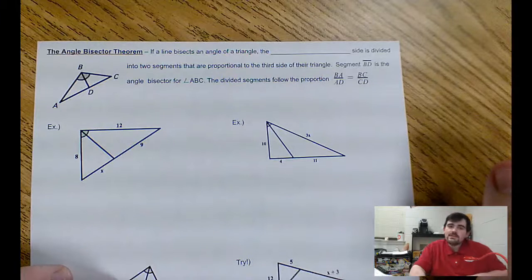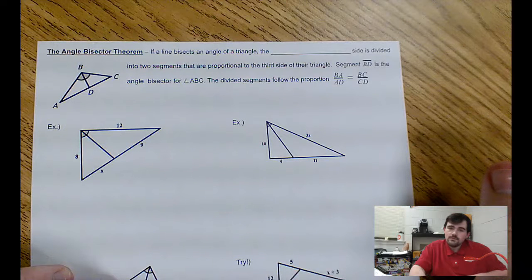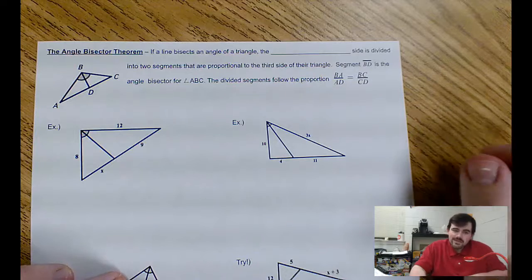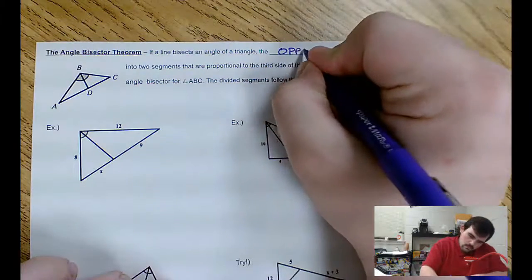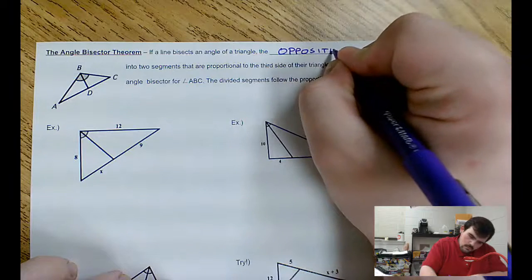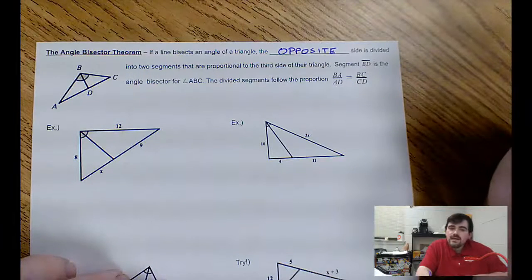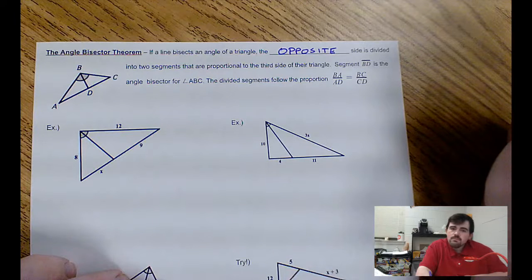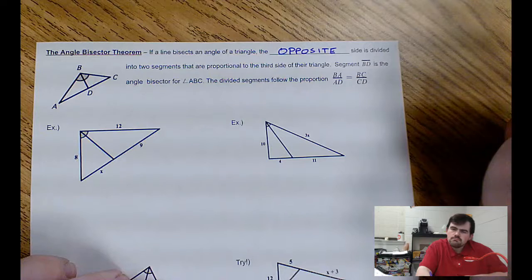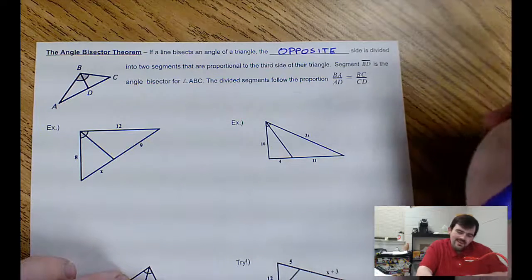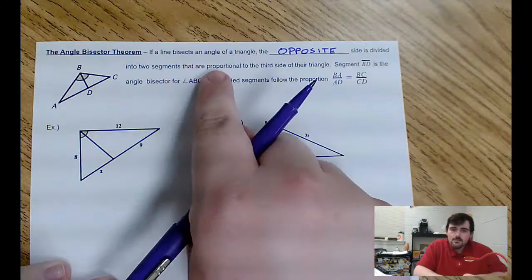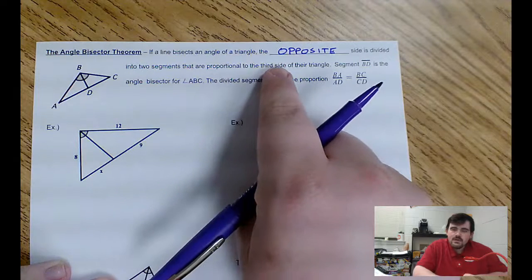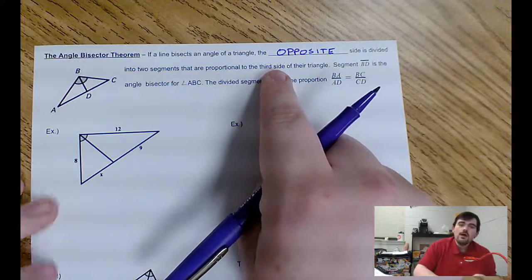So, if a line bisects an angle of the triangle, the opposite side of that angle is divided into two segments that are proportional to the other two sides of the triangle. I think I typed that out wrong. Okay, yeah, I didn't make a mistake there.